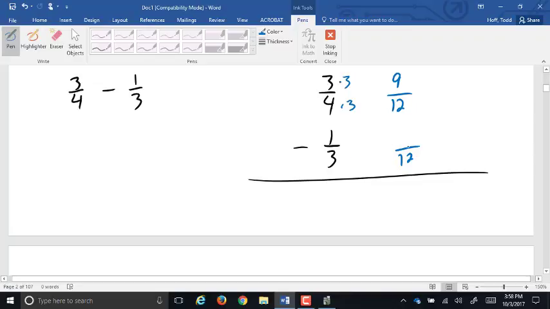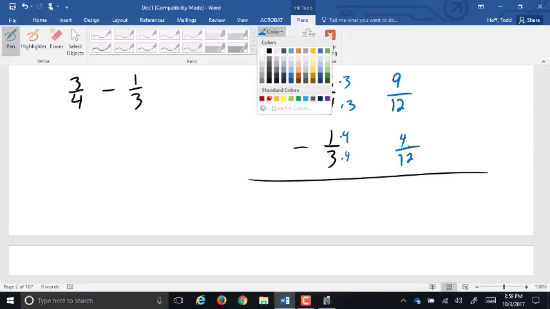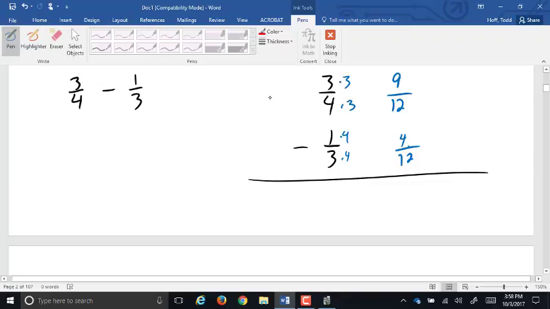Perfect. 1/3 is going to become 4. There we go. So 4 12ths. So we've got 9 12ths minus 4 12ths. So we're subtracting. 9 minus 4 makes 5, and we keep the 12.